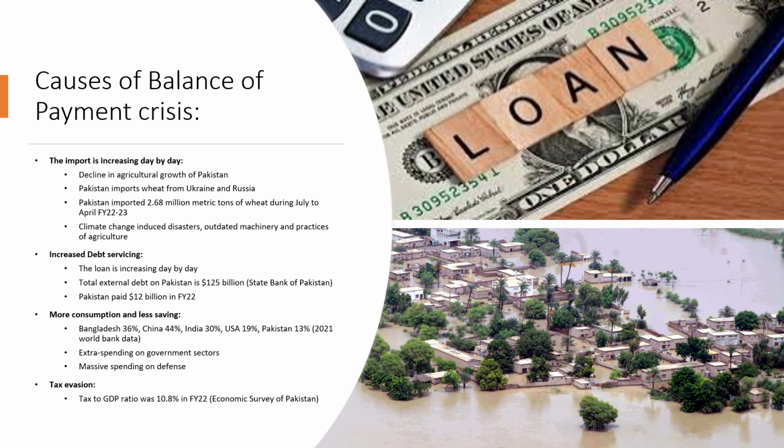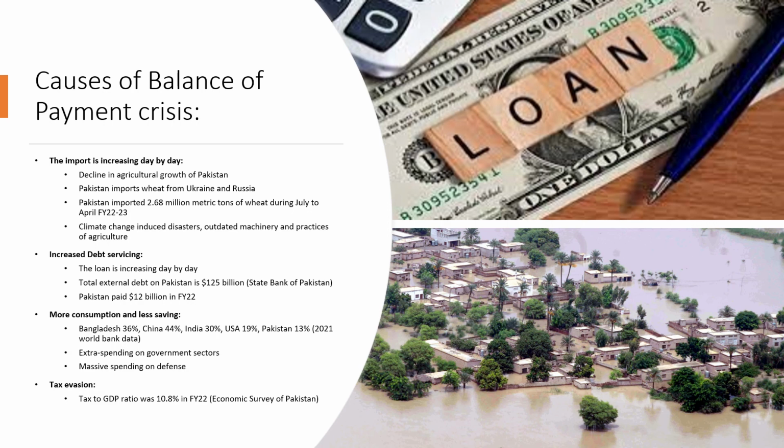In 2021, Bangladesh saved 36% of its GDP. China saved 44% of its GDP. China is at top in saving. Then India saved 30% of its GDP and USA saved 19% of its GDP. Pakistan saved only 13% of its GDP.